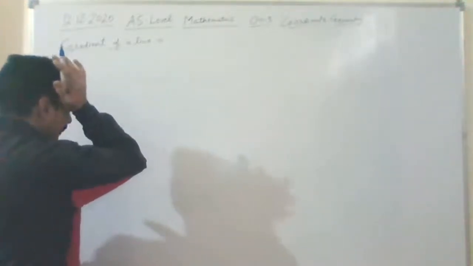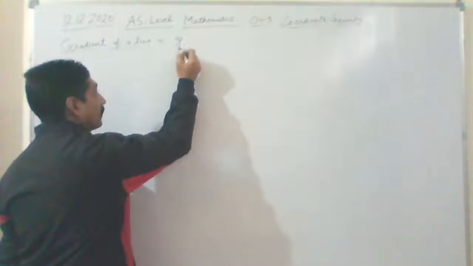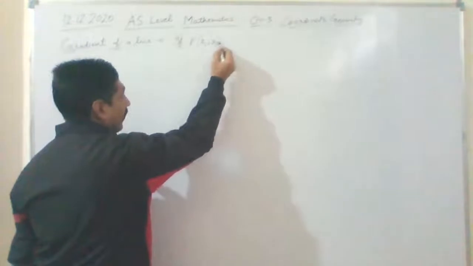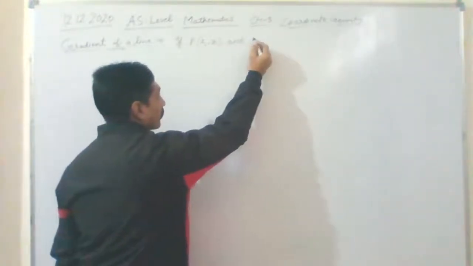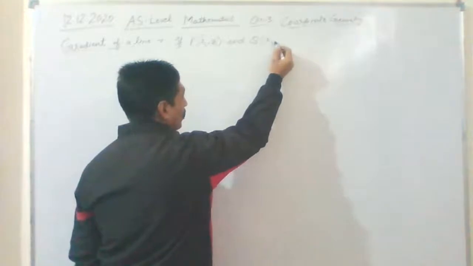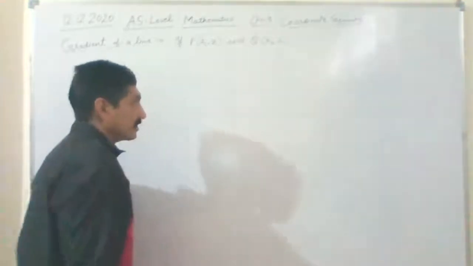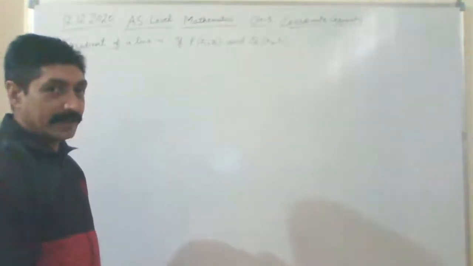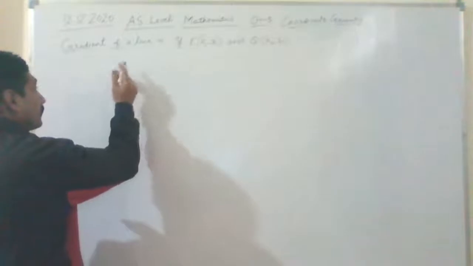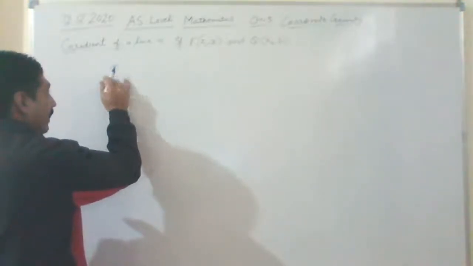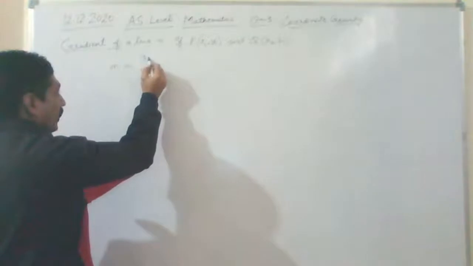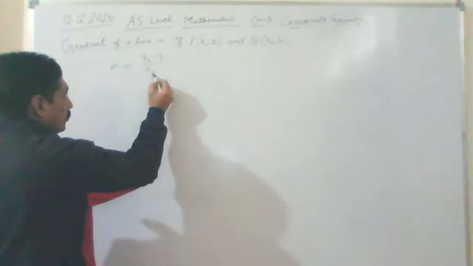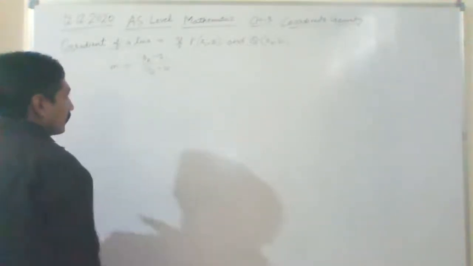If P and Q, like x1, y1 and x2, y2, are two points on a particular line, then the slope or the gradient m is always equal to y2 minus y1 divided by x2 minus x1, right?